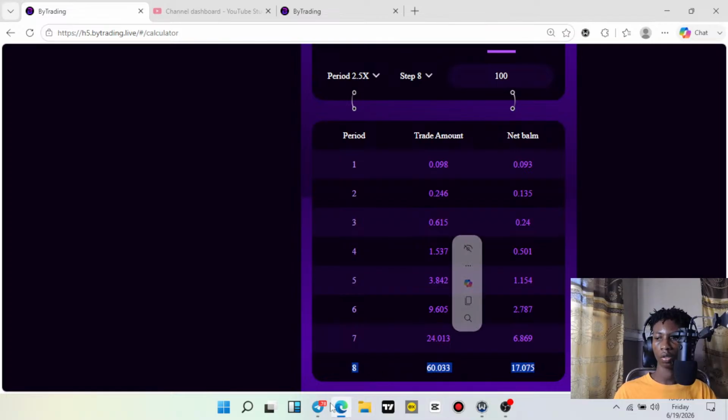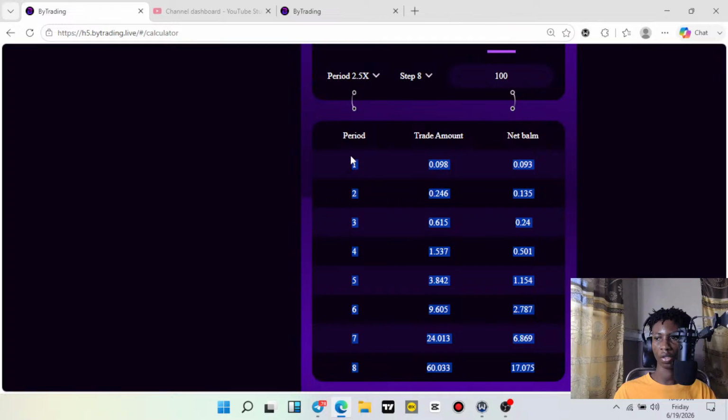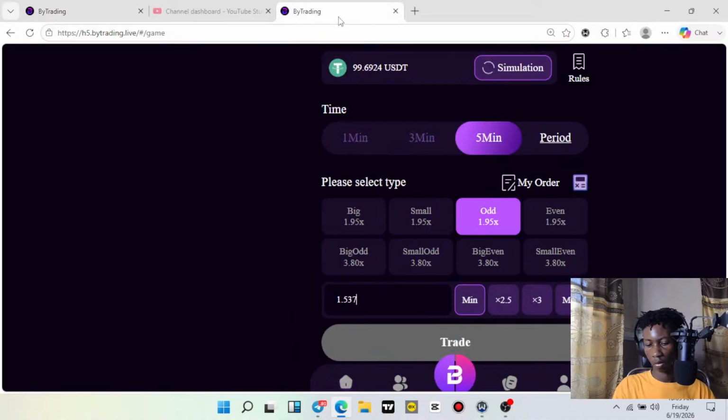But if you are trading with the 5 minute signal and everything goes wrong at this eighth phrase, you are going to get compensated based on the money you started with from phrase 1 to phrase 8. Which means you are going to get everything back if everything goes wrong at this eighth phrase. So that's it.